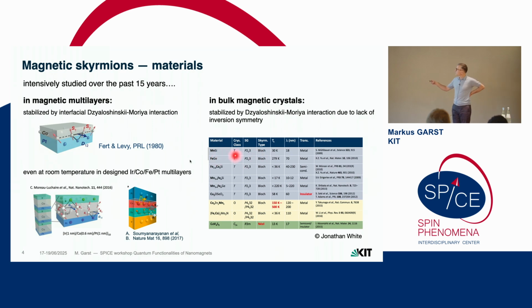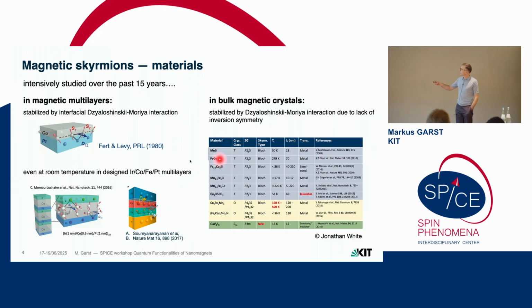In particular, a famous one is manganese silicon. This has a tetrahedral point group. It's cubic, but this tetrahedral point group lacks inversion symmetry and allows a Dzyaloshinskii-Moriya interaction. And this gives rise to skyrmionic textures.